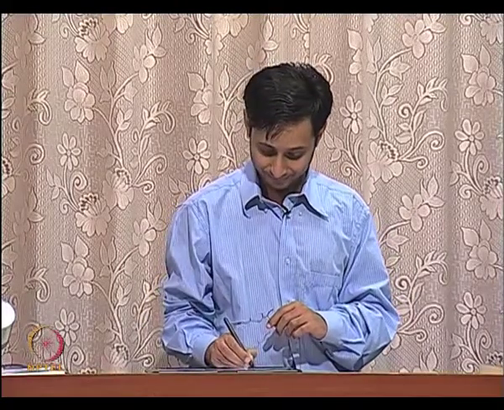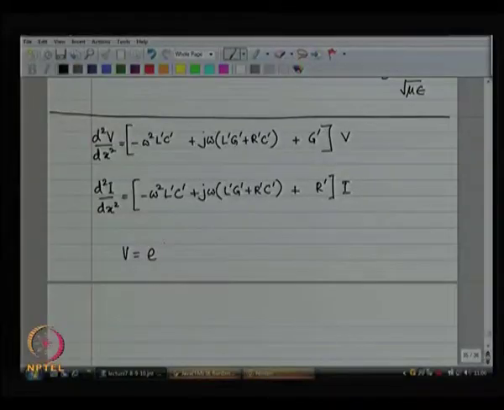V should look like an exponential, right. I do not know what this k is, and you plug it back in, V equal to e power k x.